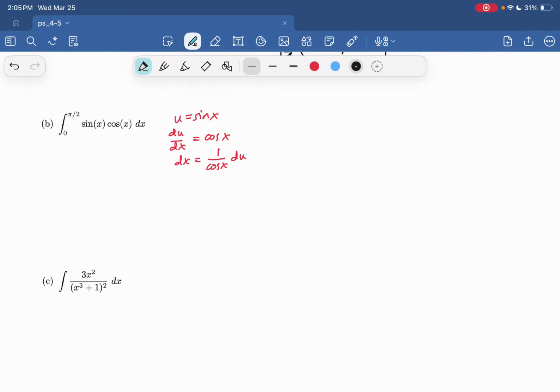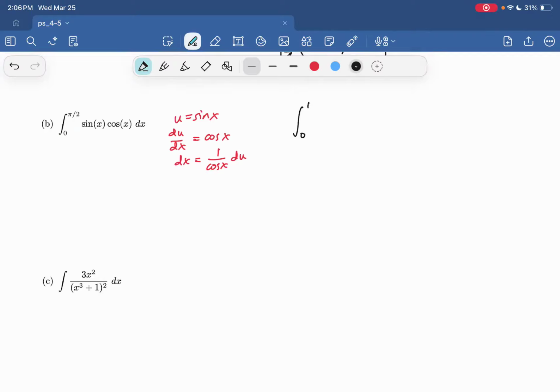If I make these substitutions, we not only want to substitute for x and u, but we also want to substitute the limits of integration. So we're going to plug in these x values and change them into u values. Sine 0 is 0, and sine pi over 2 is 1, so that's how it would change.